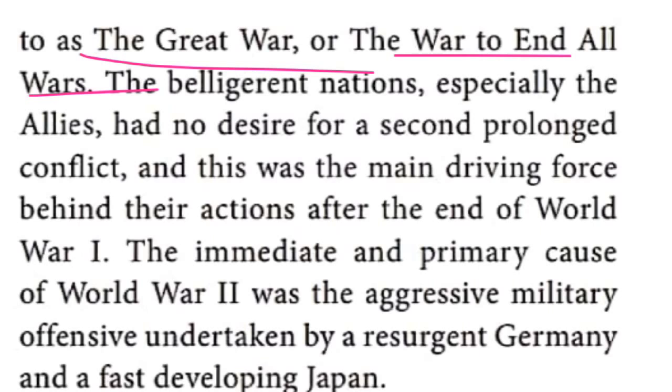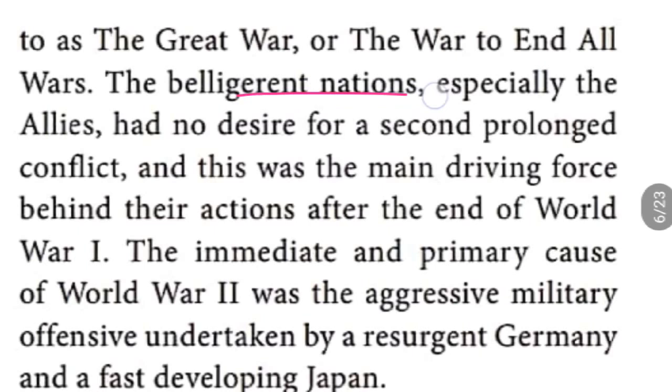Then the belligerent nations. What is meant by belligerent? The enemy country. That's the thing, children. So enemy country, especially the allies. The allies had no desire for a second prolonged conflict.